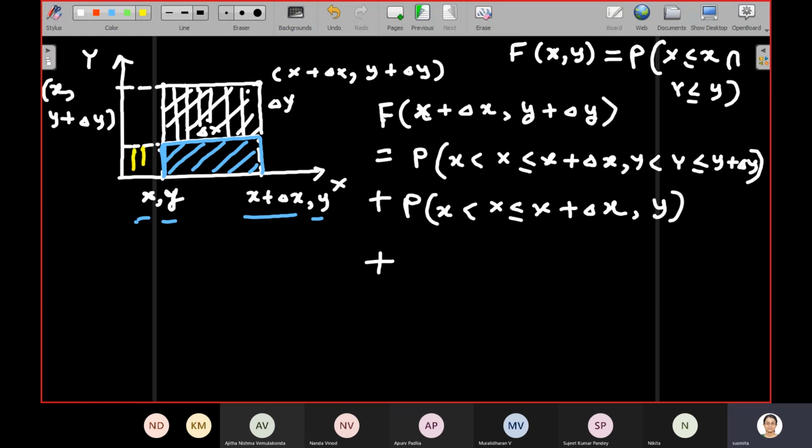How about this one? This yellow area? What can we write for the yellow area?